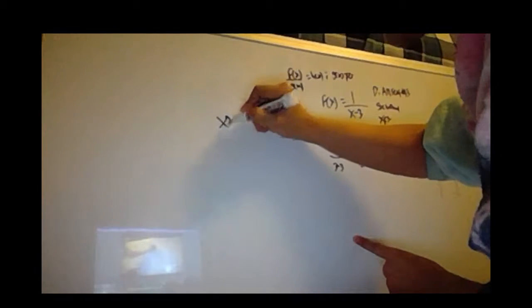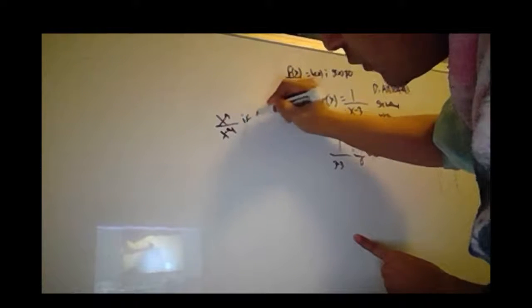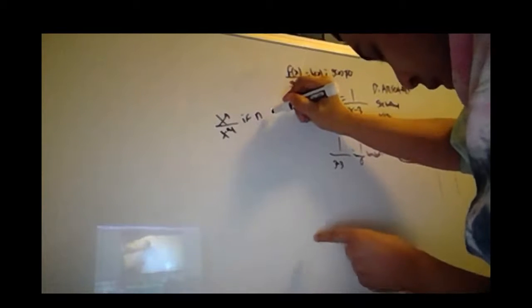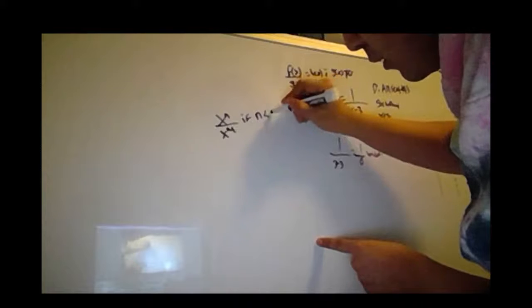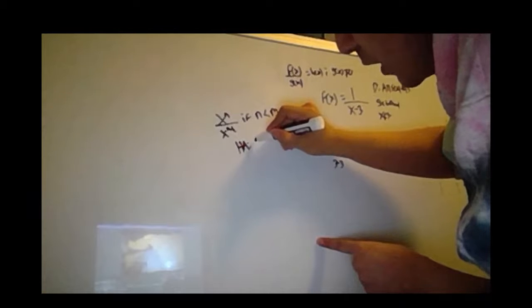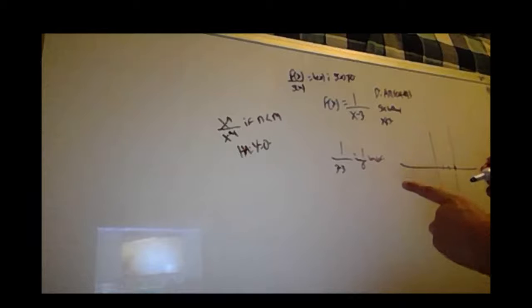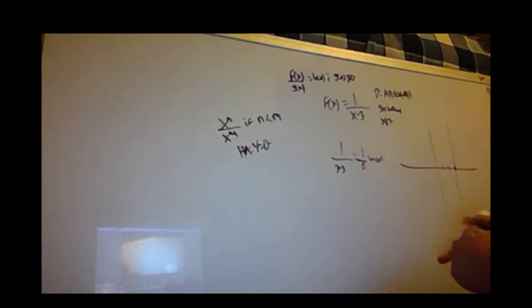So when you have x to the n over x to the m, if n is less than m, the horizontal asymptote is y equals 0. Okay, that's the main idea there.